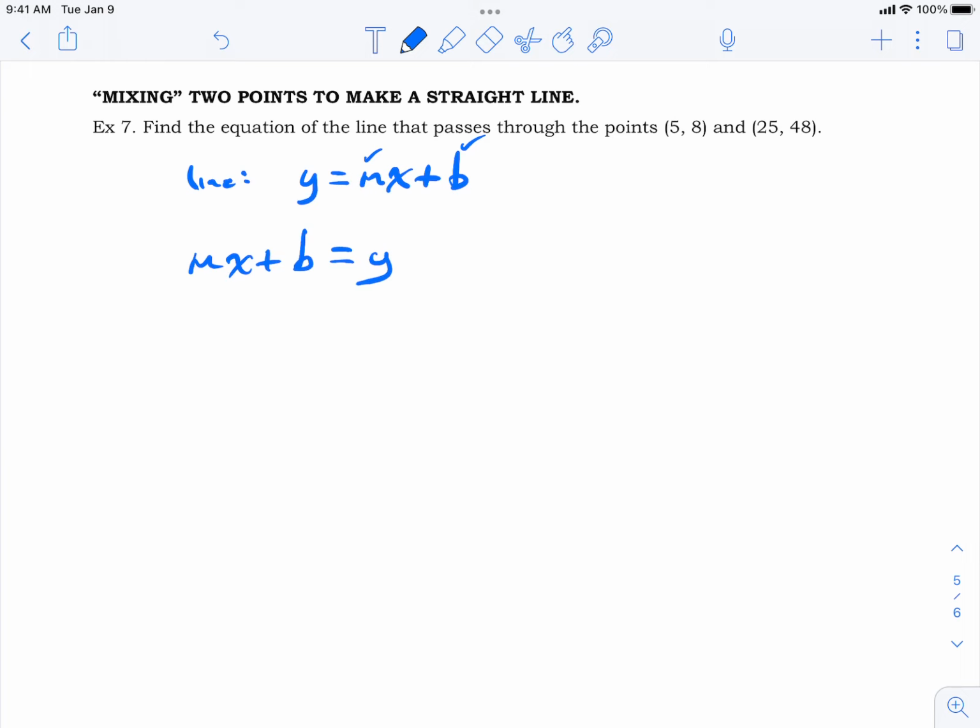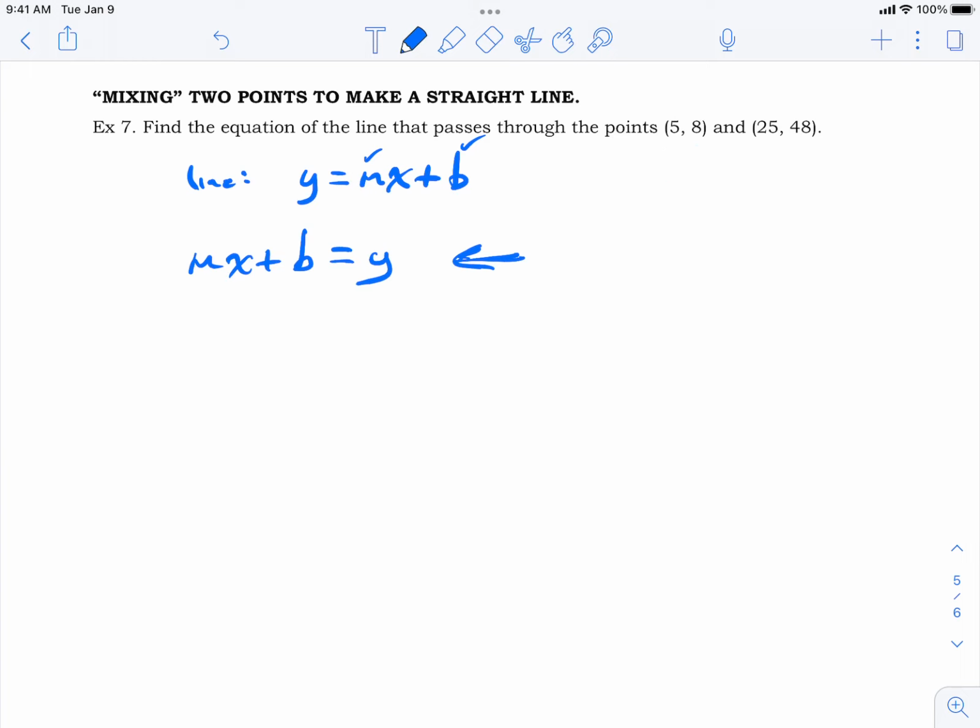Where are we going to get 2 equations? Well, this equation is supposed to work here. When you plug in x equals 5, you should get y equals 8. And it should work here too. When you plug in x equals 25, you should get y equals 48. That's where we get 2 equations, 2 unknowns.